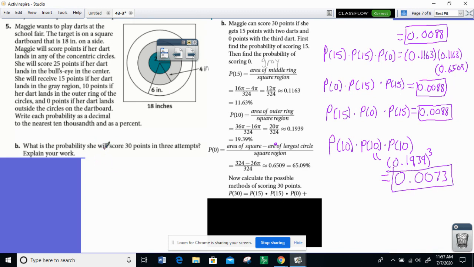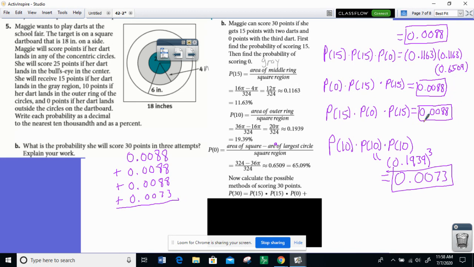So now we need to find the overall probability that she will score exactly 30 points on 3 attempts. So that's the probability of 15, 15, and 0, plus the probability of 0 and then 15 and 15, plus the probability of 15 and then 0 and then 15, plus the probability of 10 3 times. Now, I listed all 4 of these out here just to emphasize that we need to include all the possibilities.